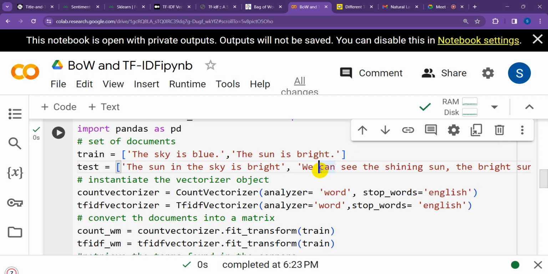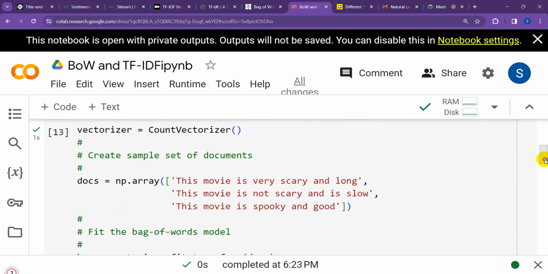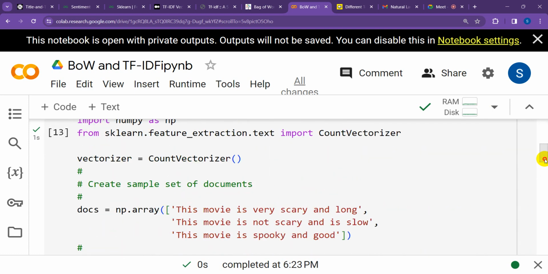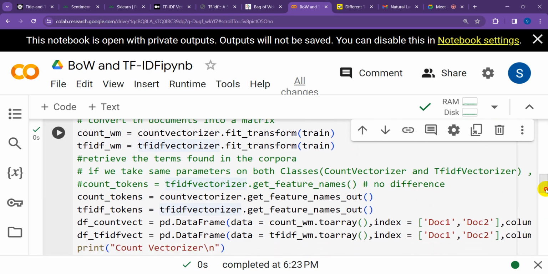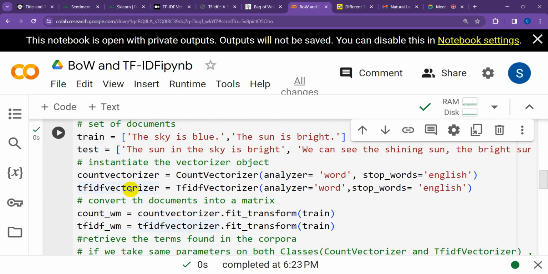If you see what I am doing, I have just called the list of the stop words from the TF-IDF vectorizer. First of all, like we created this object vectorizer from the count vectorizer, the same way I'm doing here with the TF-IDF vectorizer.